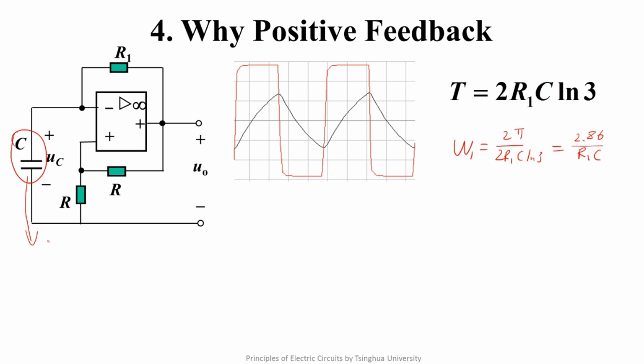By substituting the values into the expression, the capacitive reactance is this. For the negative feedback of the sinusoidal signal, this is a voltage divider consisting of a capacitive reactance and a resistor. The divided voltage on the capacitor is this.